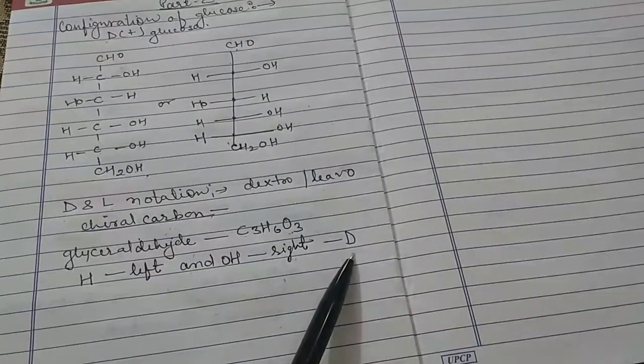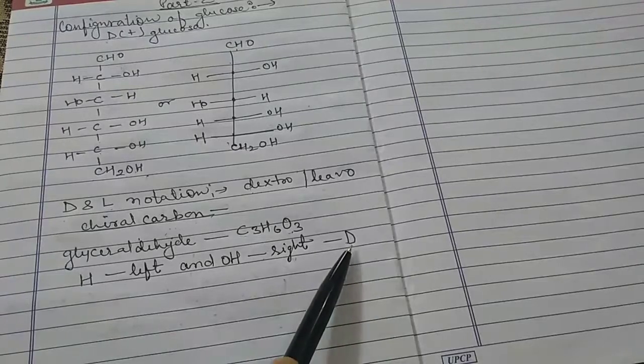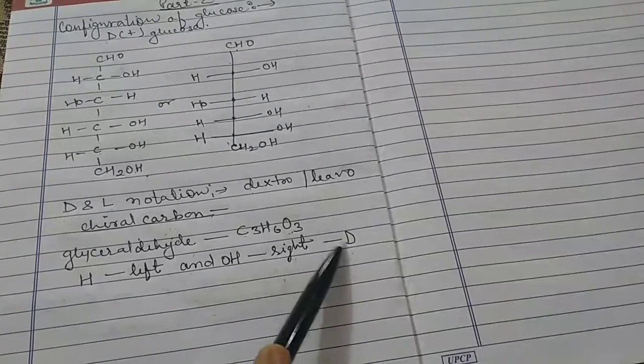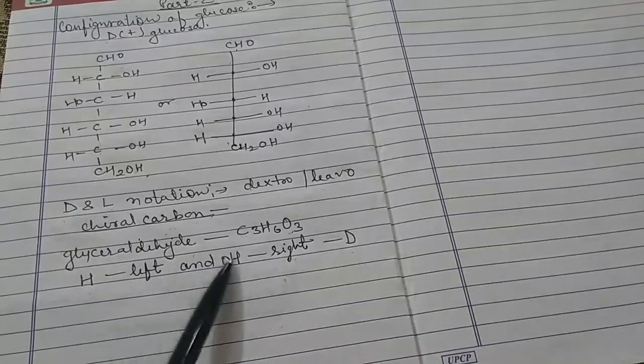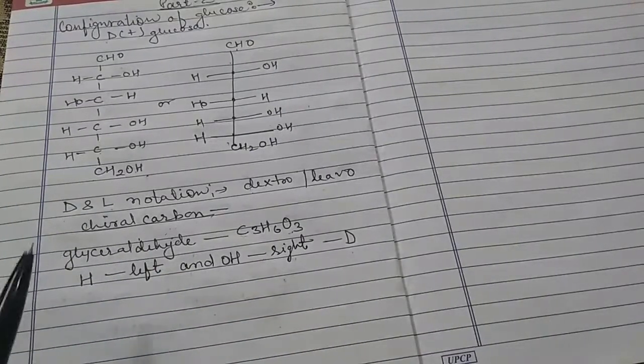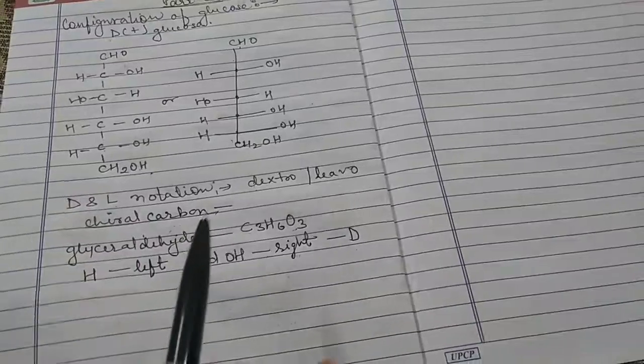It is assigned as D. The configuration is D. Now here we are talking about these two groups, when these two groups are attached to the carbon atom, which is a chiral carbon atom.